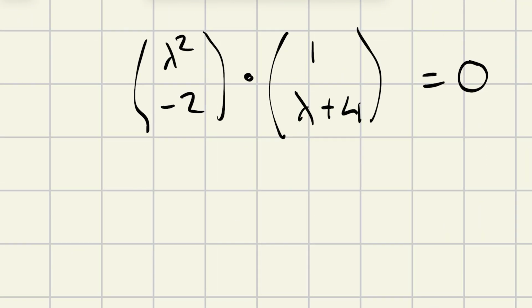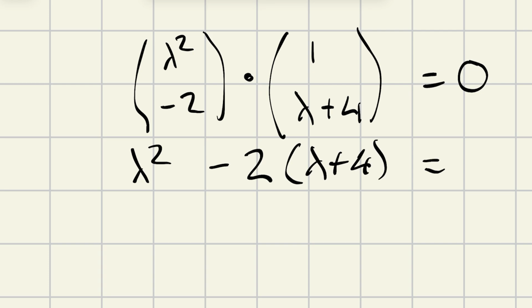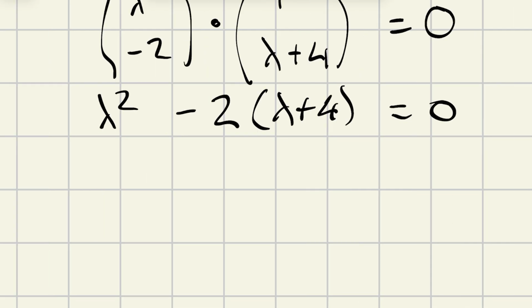So now we just multiply the top row and the bottom row and add them together. So we have lambda squared, because lambda squared times 1 is just lambda squared. And then minus 2 times (lambda plus 4), so minus 2 lots of lambda plus 4. And this equals 0. Now if we expand everything out, we get lambda squared minus 2 lambda minus 8 equals 0.